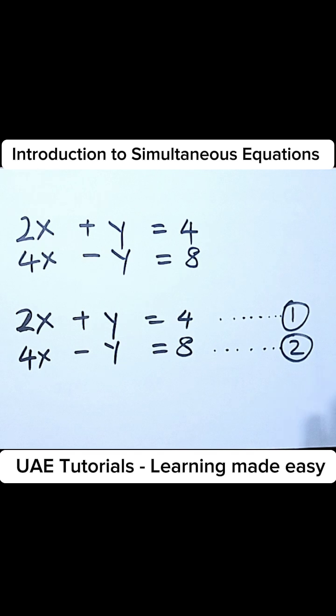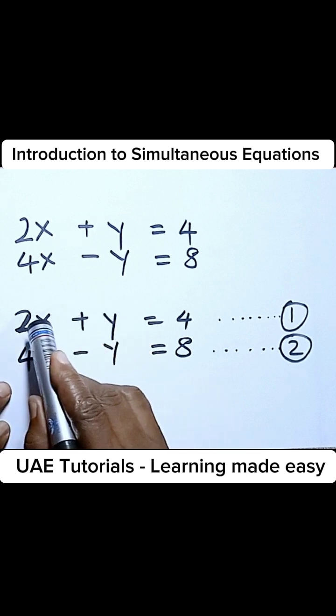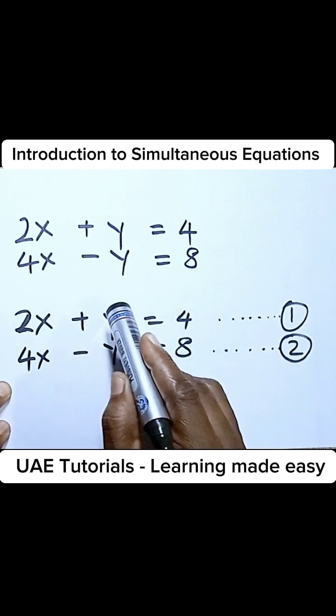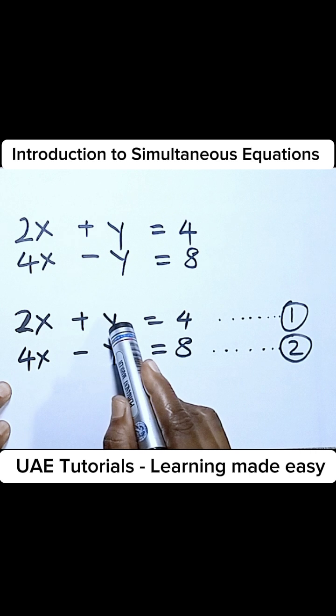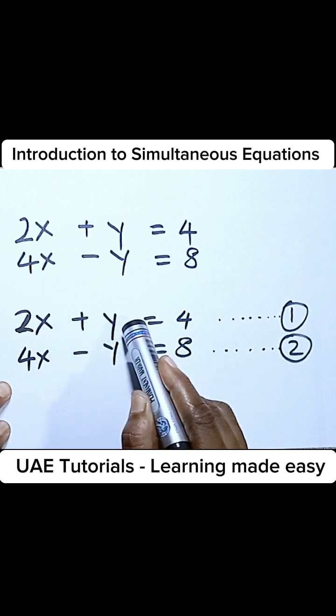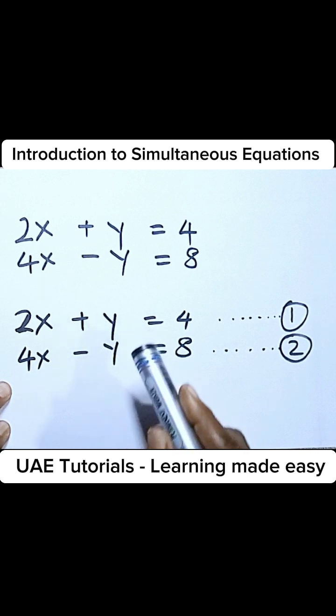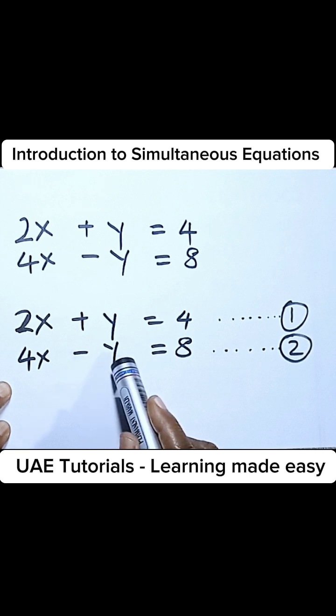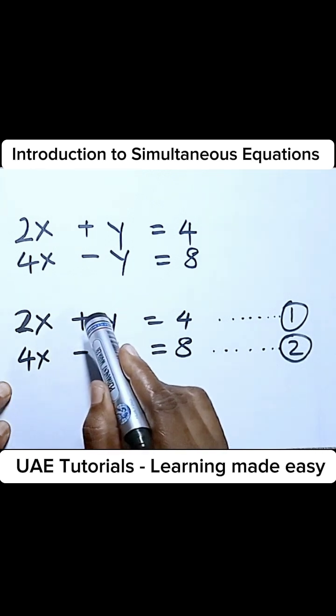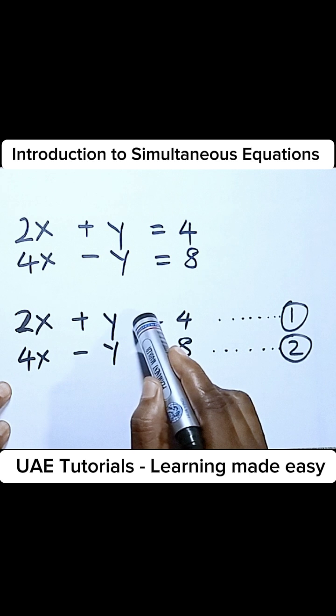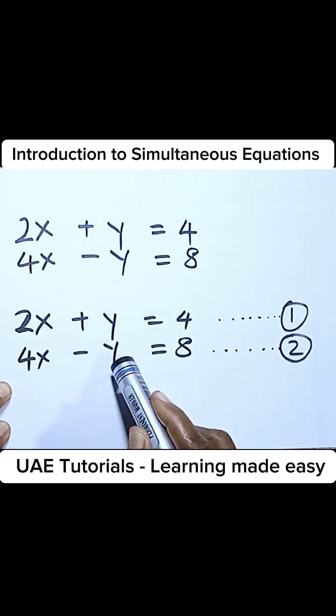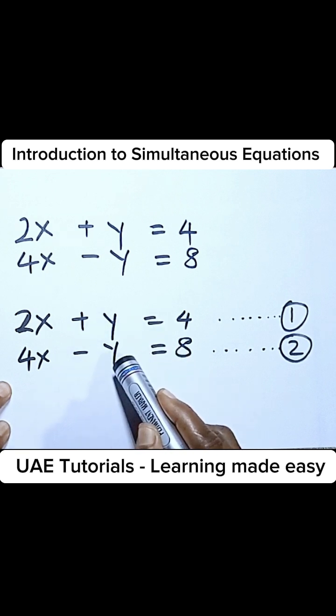These two equations have shown me something: if I add equation 1 and equation 2, the y in equation 1 is carrying a positive sign, this is 1y, while the y in equation 2 is carrying a negative sign.